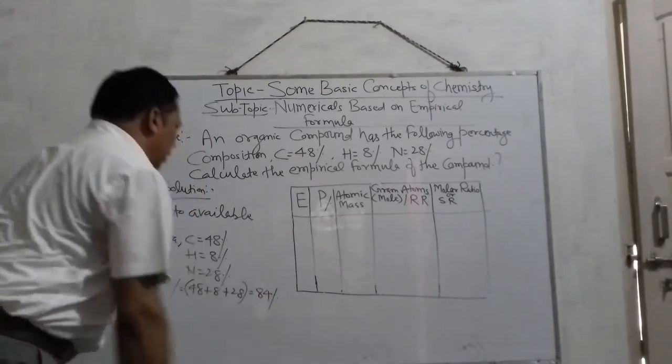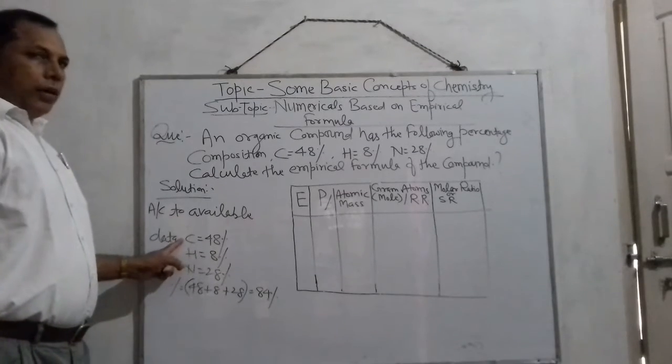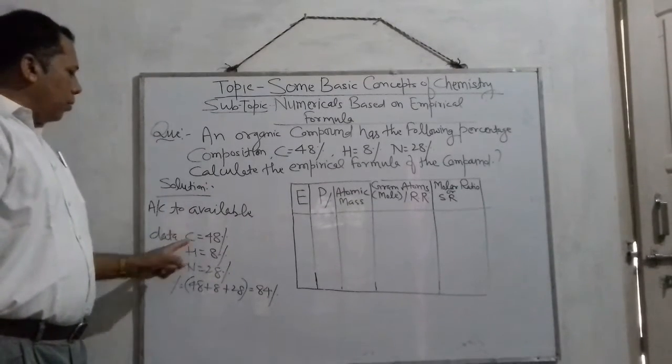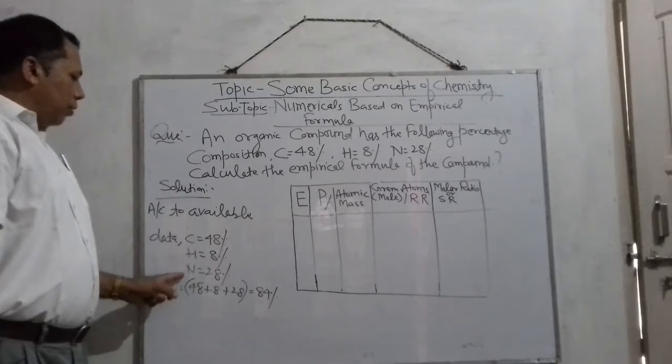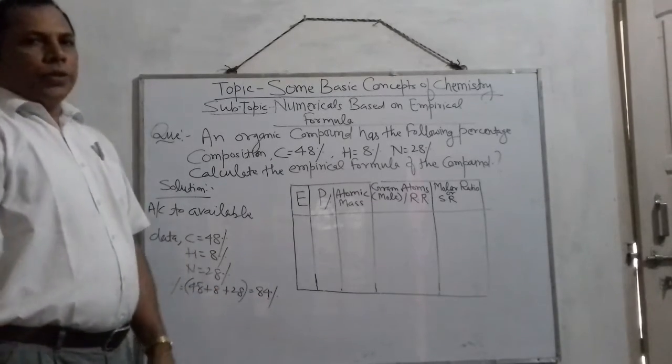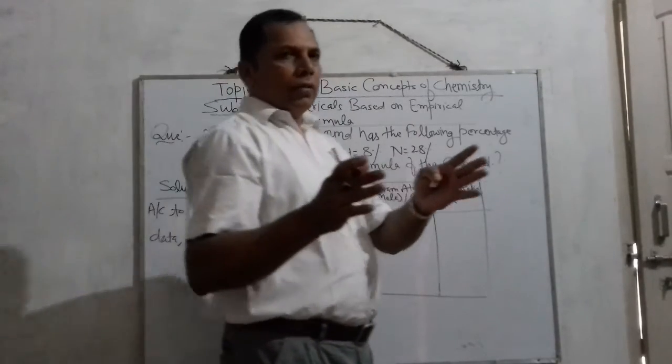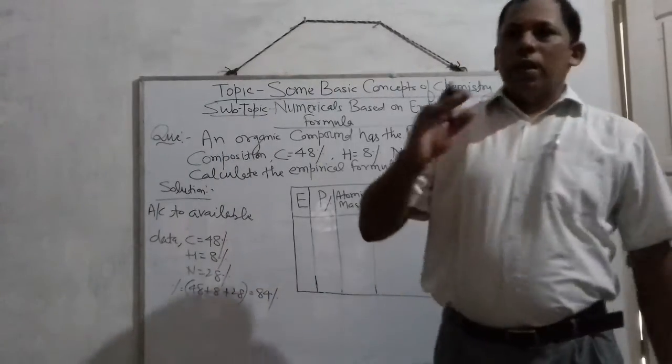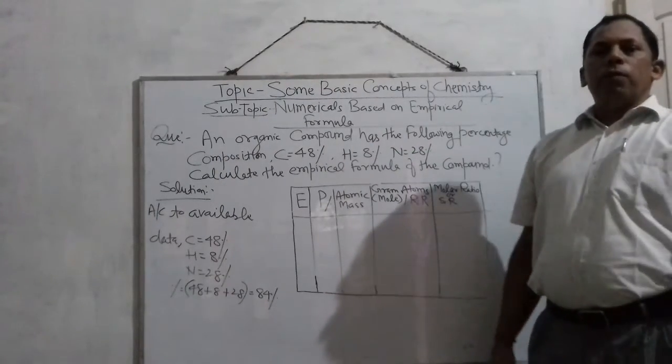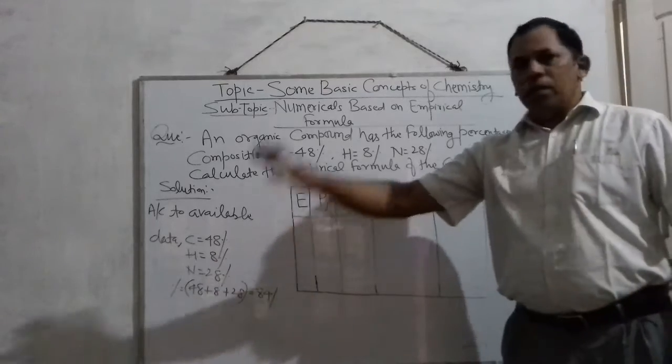So the total percentage of the elements present in the compound, that is carbon, hydrogen, nitrogen, is 84%. Students, it is less than 100, so you must remember, the remaining 16% will be oxygen in that compound.